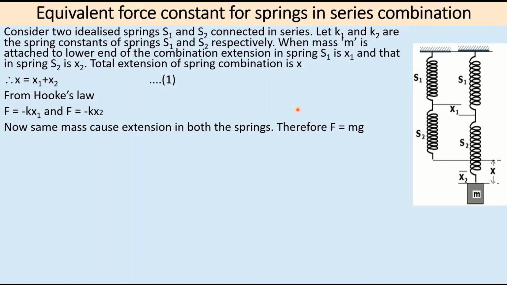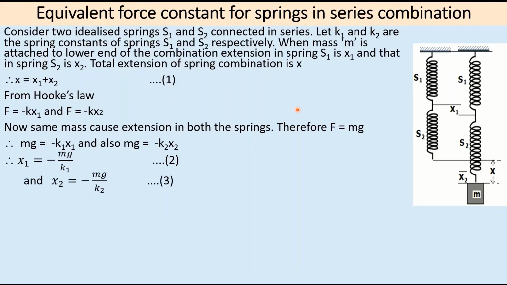Therefore we can write mg is equal to minus K1 into x1 for the first spring, and also mg is equal to minus K2 into x2 for the second spring. For the first spring, extension x1 is equal to minus mg by K1. Similarly, for the second spring, extension x2 is equal to minus mg by K2.